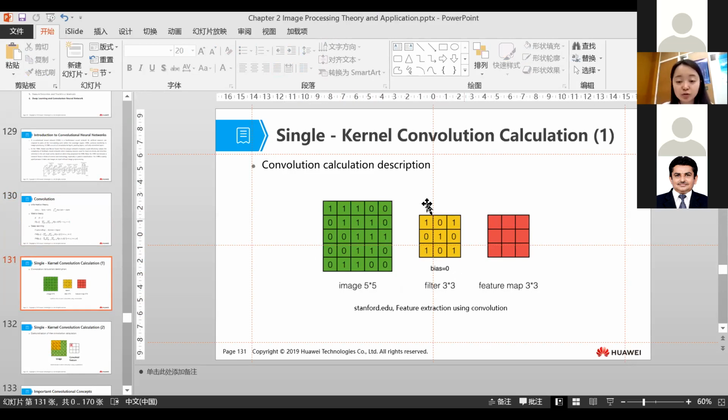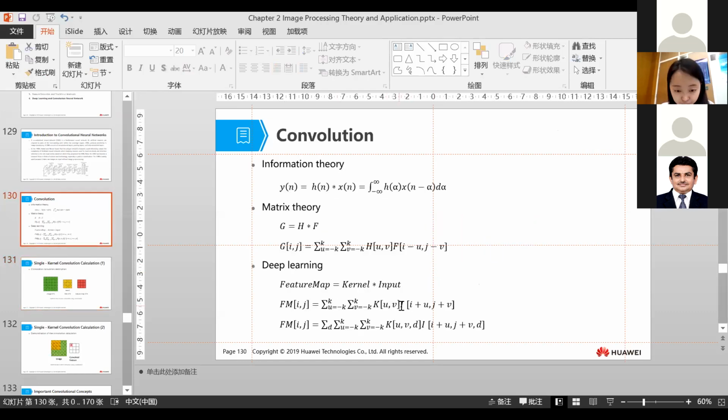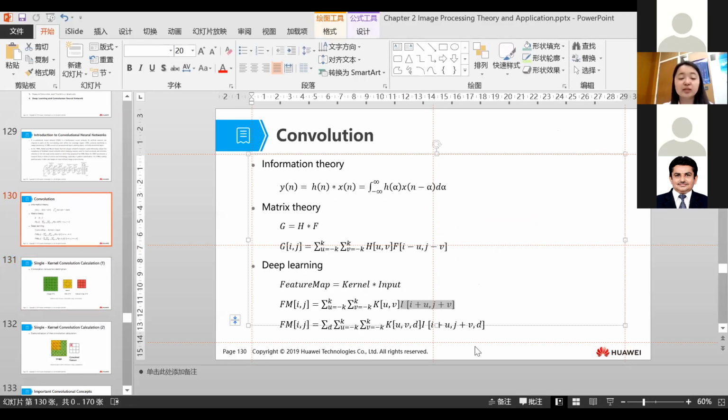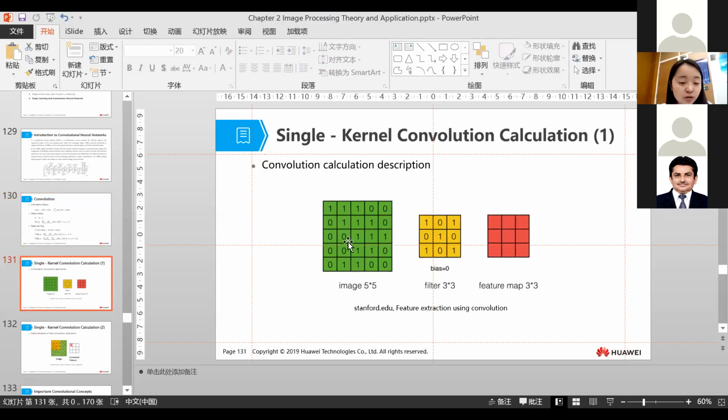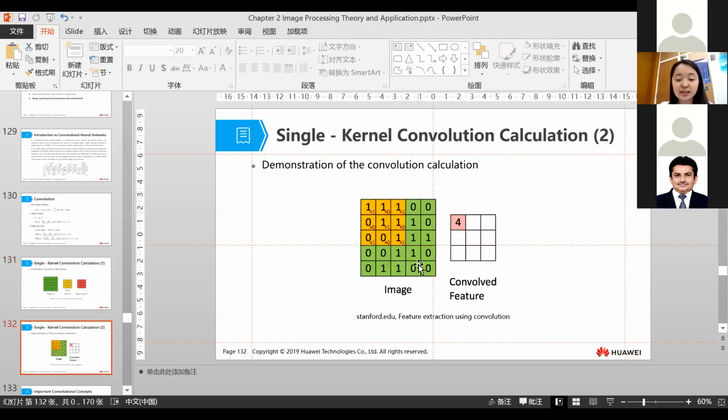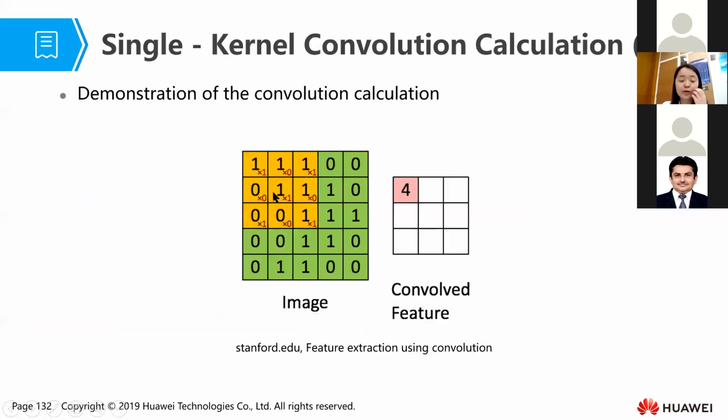To calculate the convolution, we always need a kernel, or filter. Here I means the input image and K means the kernel. So this is the input image and this is the kernel. What we're going to do is calculate the weighted sum.